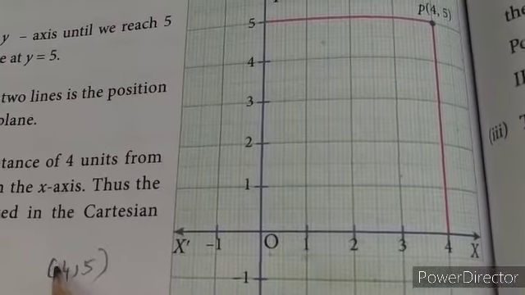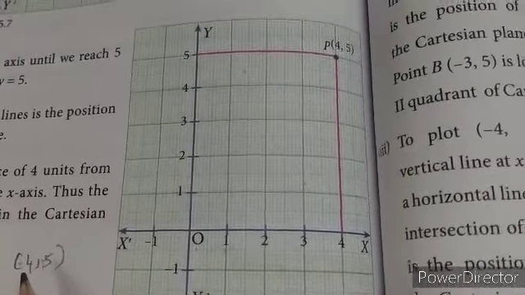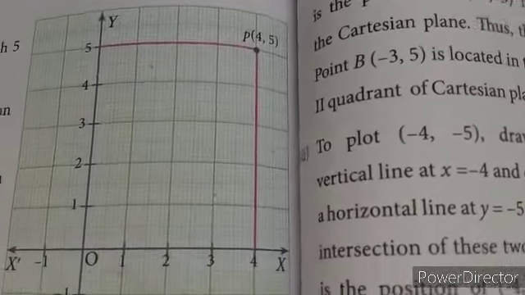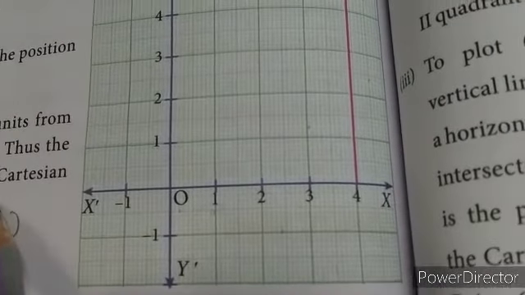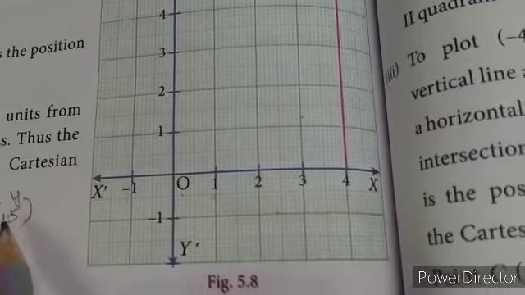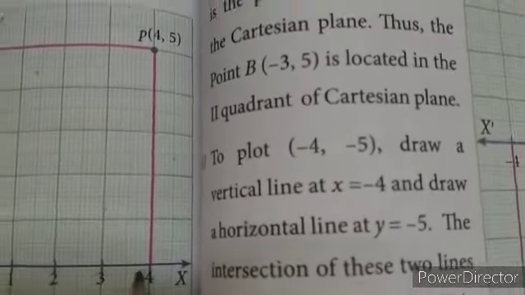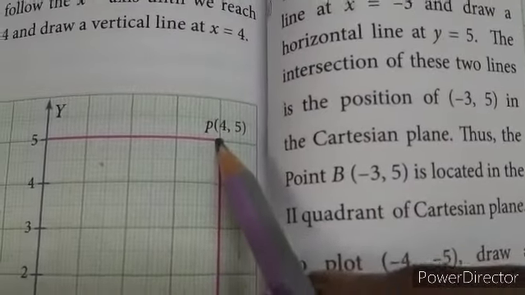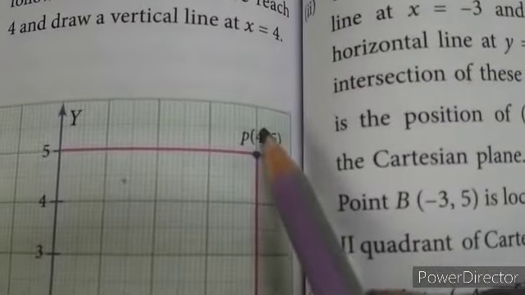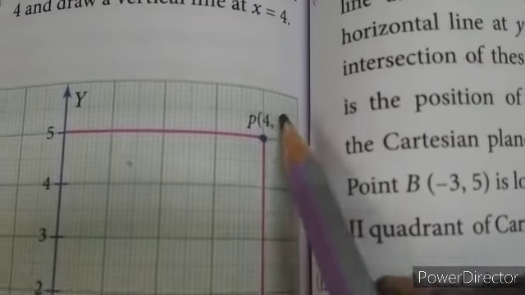Here, positive and positive, so this pair will come under the first quadrant. I told you in a pair, the 4 will come under the x coordinate and 5 will come under the y coordinate. So here, 4 and 5, you have to keep a point right here, 4, 5.